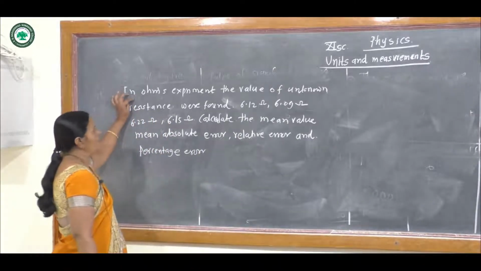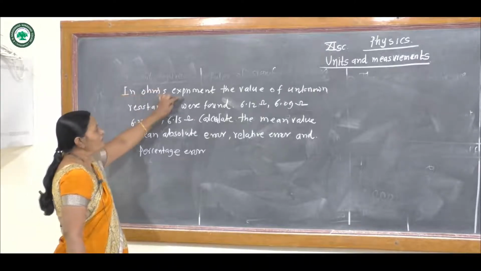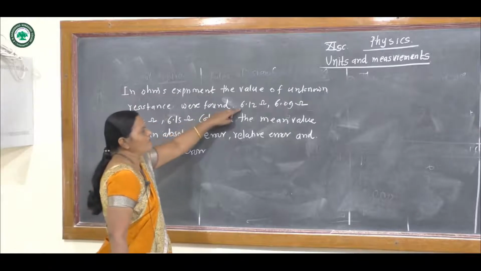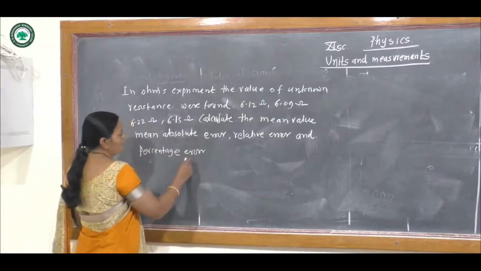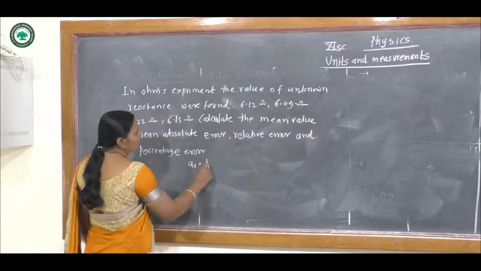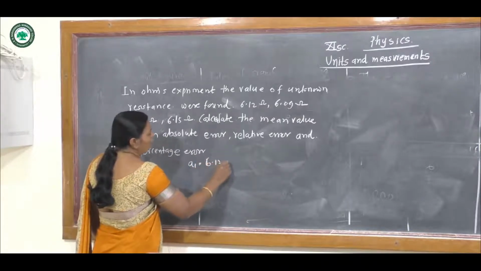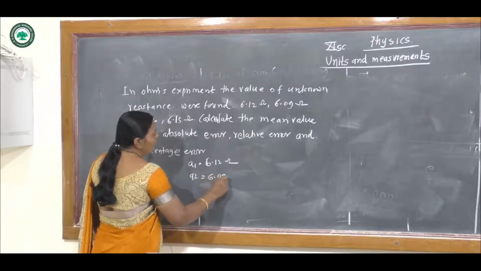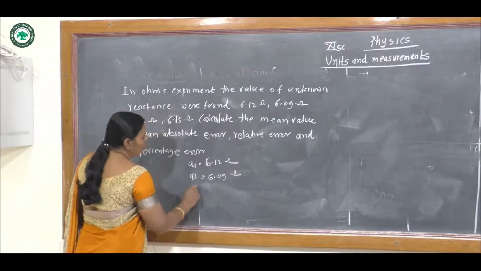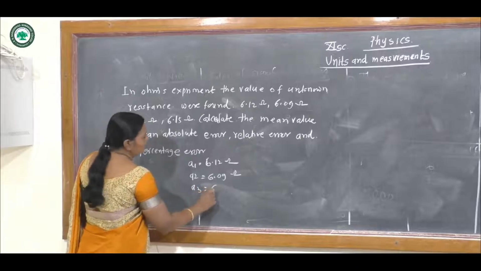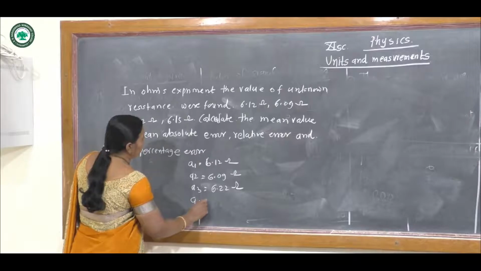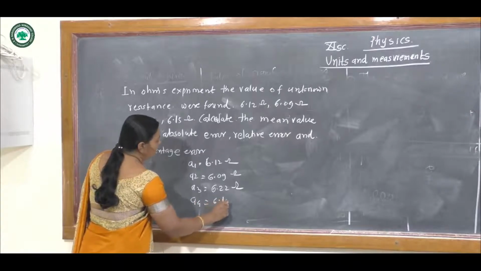In this example, Ohm's experiment is performed and the resistance is calculated. The readings are, suppose A1 is equal to 6.12 ohm, A2 is equal to 6.09 ohm, A3 is equal to 6.22 ohm, A4 is equal to 6.15 ohm.